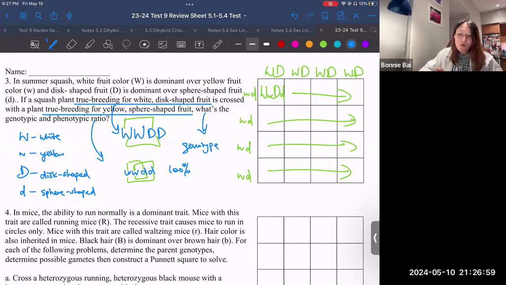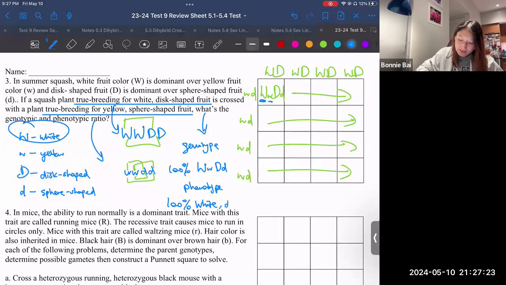I'll give you candy. 100% genotype will be this. The phenotype will be 100, but if the question says ratio on the test, just do the ratio. 100%. Big W gives you white, right? Why am I not saying yellow? Because the big W overpowers the little w. So we're going with the dominant trait. White and then disc-shaped.